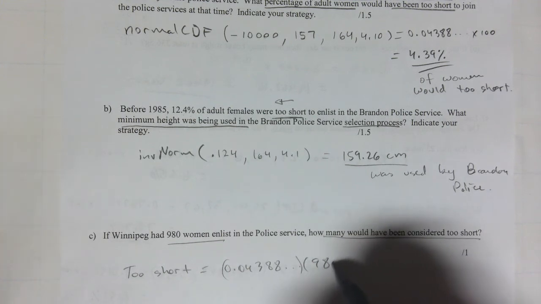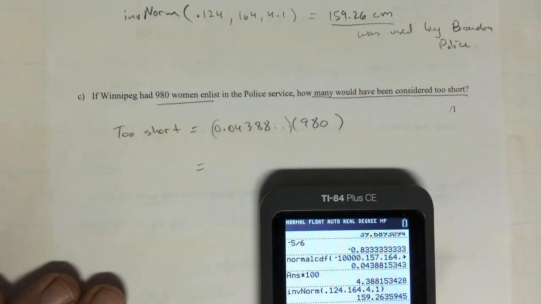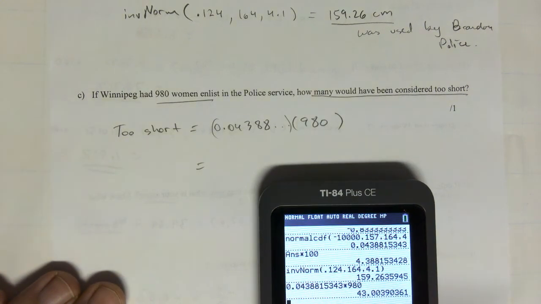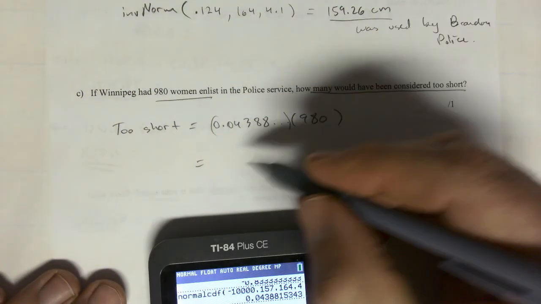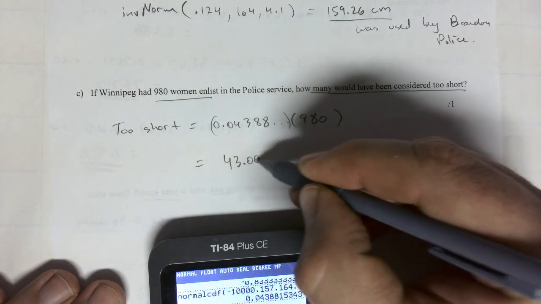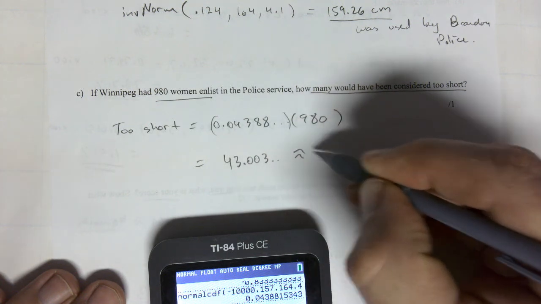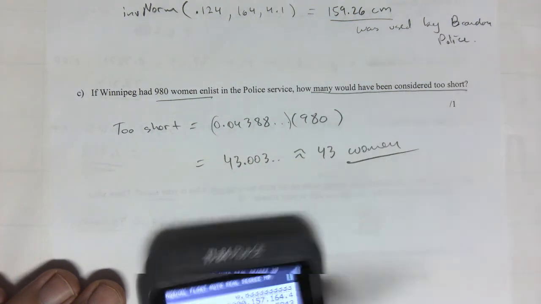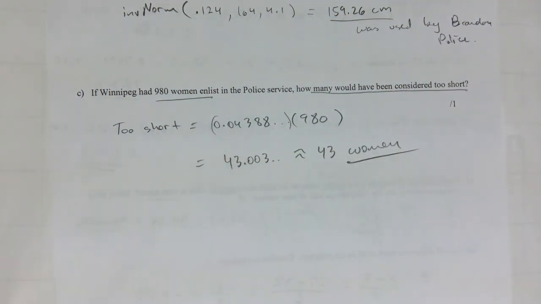Multiplied by 980 women. So we'll copy that value and go times 980, 43.003, right? So approximately 43 women. Okay, that's it. Hopefully this helped, and study for the test, okay?